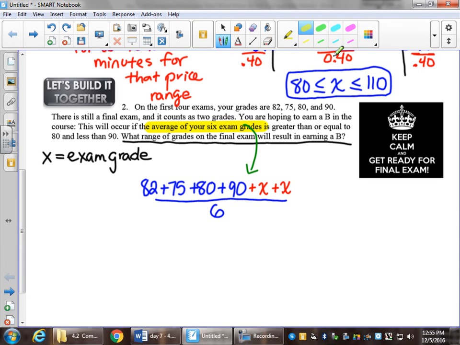And then I'm told that this, whatever this ends up being, has to be greater than or equal to 80. So how would I write that over here? My hint to you is that it'll be here. Pause here, and how do you say that this is going to be greater than or equal to 80?